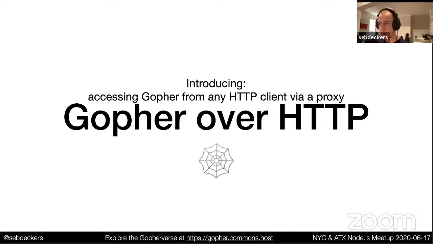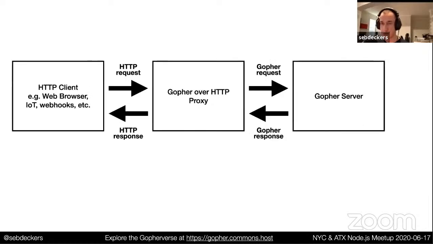Where instead of translating Gopher menus into sort of HTML that looks like Gopher, we just tunnel Gopher directly over an HTTP response. It's really straightforward. The HTTP client, like your web browser, could be other things as well that speak HTTP, makes a request to a Gopher over HTTP proxy, and that request is really just the Gopher URL.